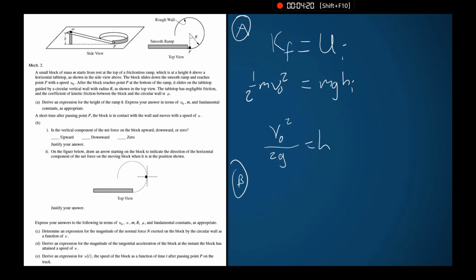So again, this is while it's on the guiding rail. Okay, right, 0. Why?